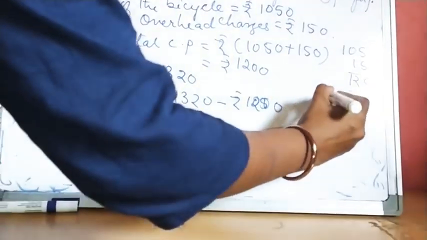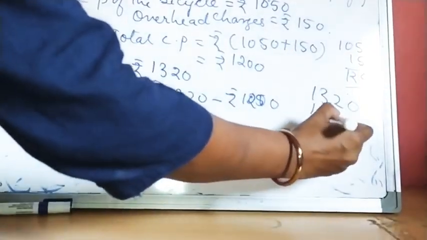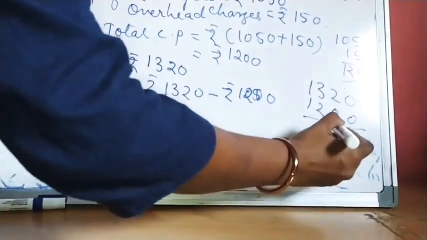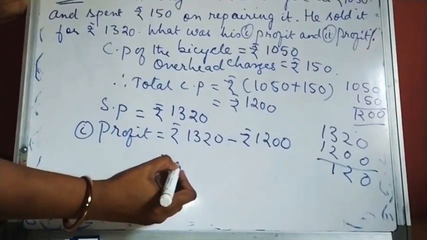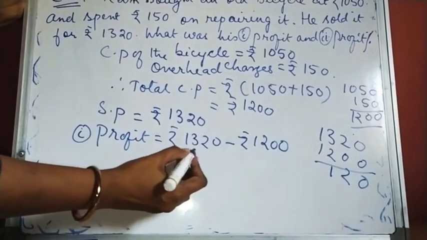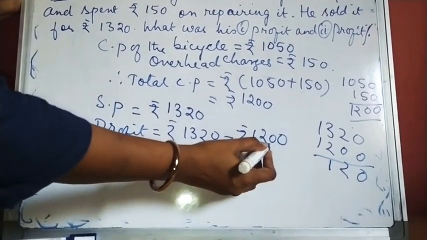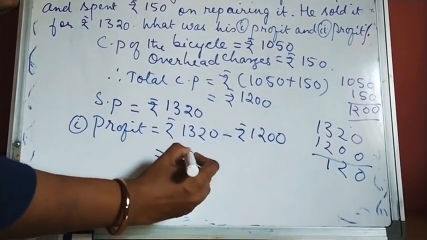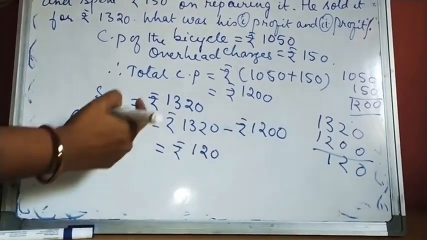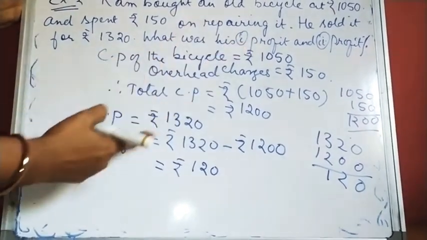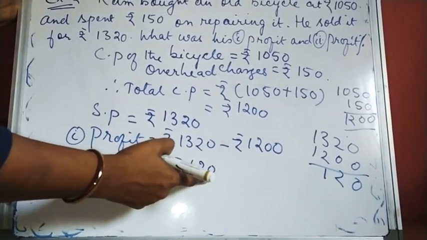So here 1320 minus 1200. So the difference of this, SP minus total CP, is equal to how much? Rupees 120. So the first bit of the question, profit is equal to rupees 120.